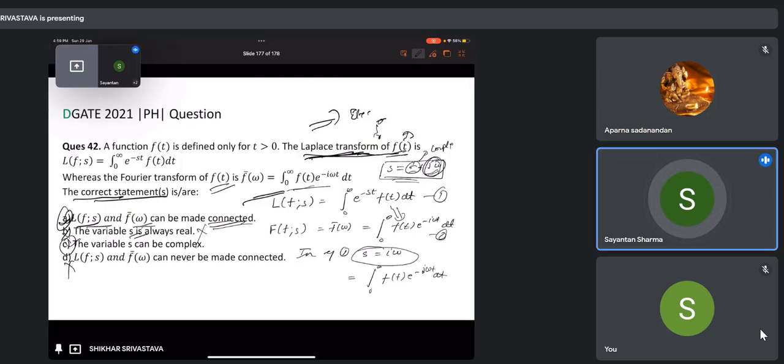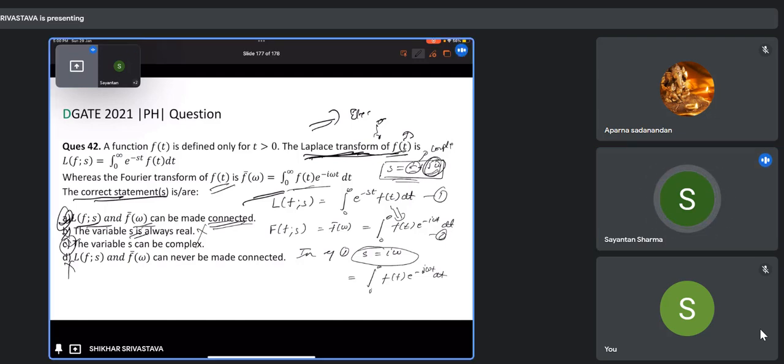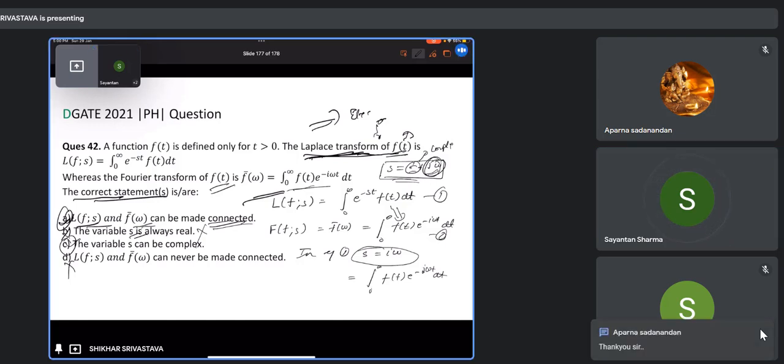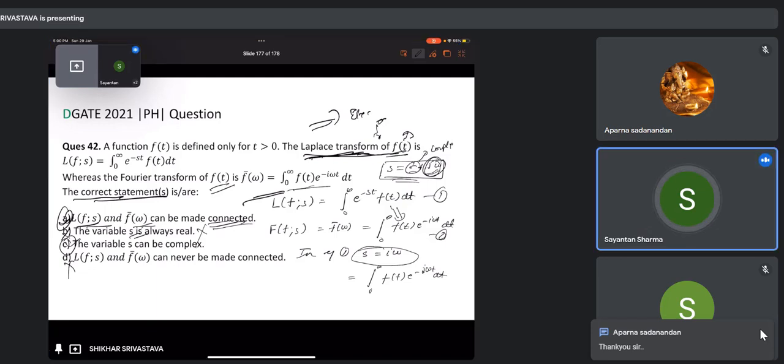In case of Laplace transform, we are only transferring a signal in time domain to something in the S domain, right? Yes, it is a complex domain. So it is basically some kind of complex domain where we are transferring the signal for some mathematical formulation. Yes, right.